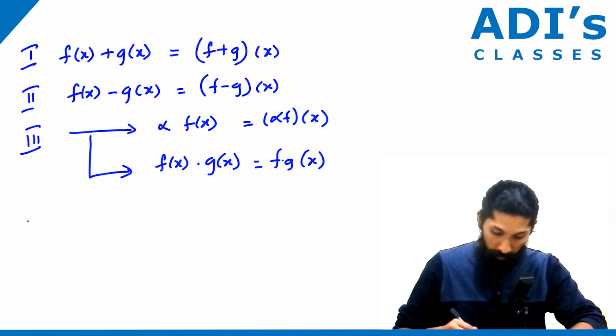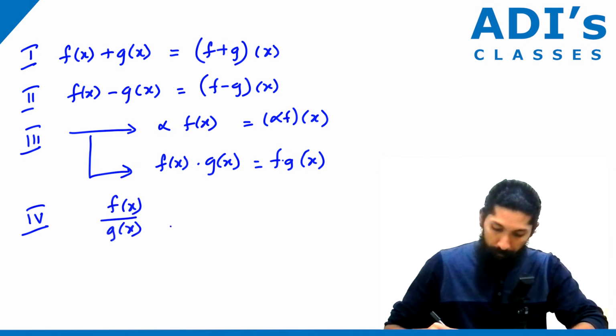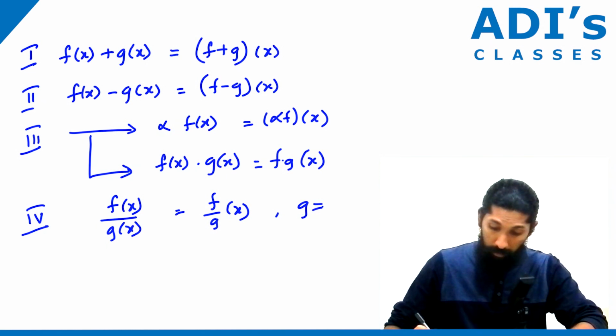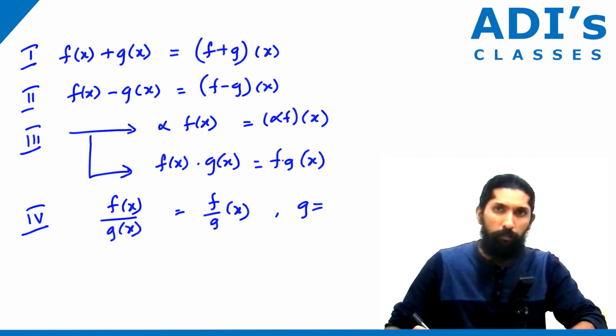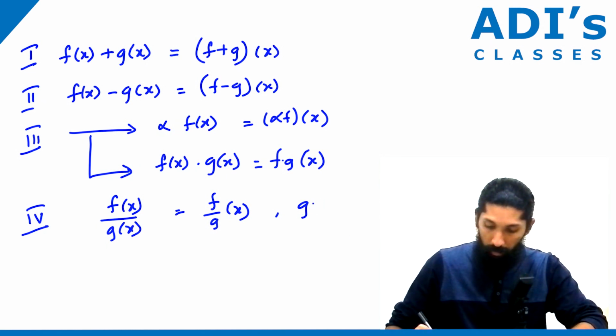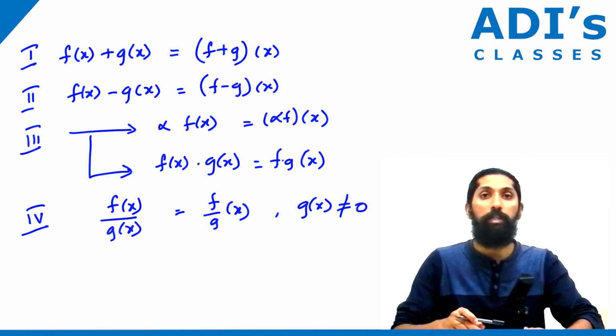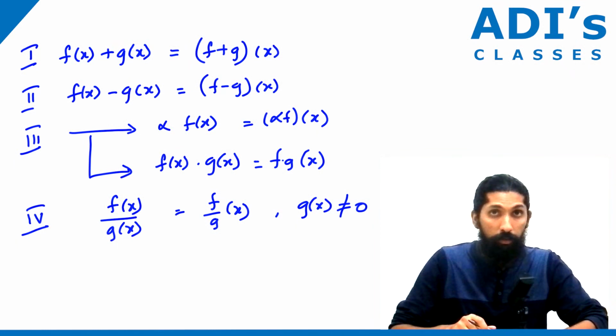Correct? And the fourth one is f of x divided by g of x, which will become f divided by g of x, provided g of x is not equal to 0. So these are the four basic algebraic operations on functions.